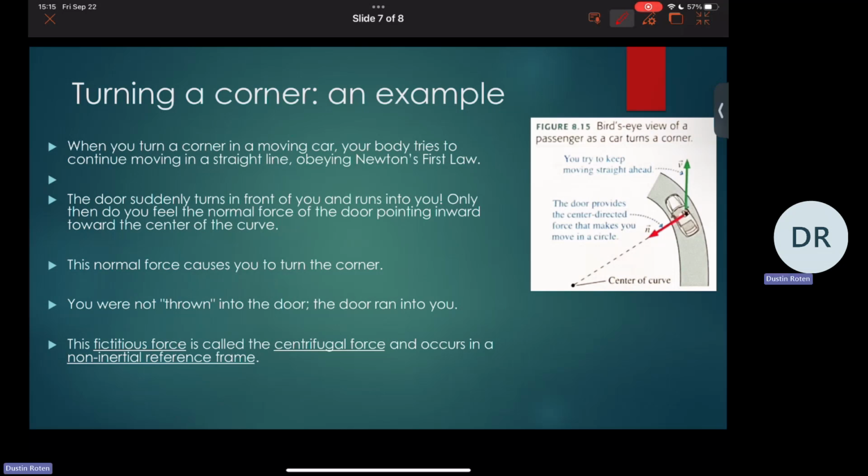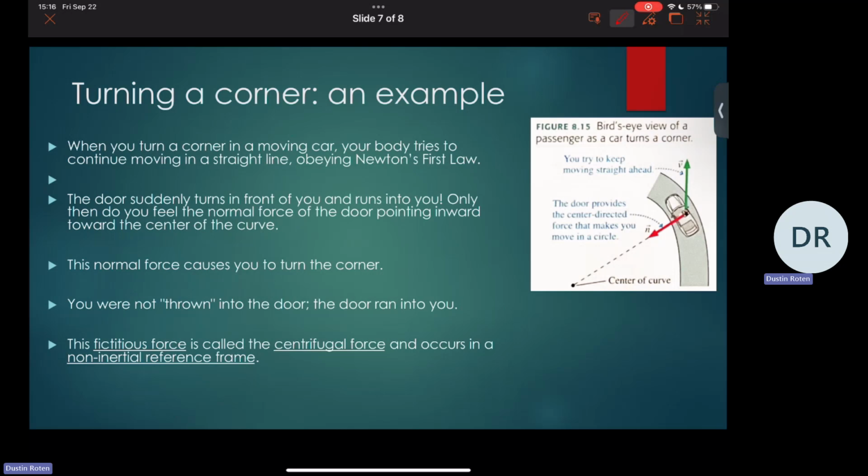So let's think about some more of these instances where we have fictitious forces. When you turn the corner in a moving car, I'm sure you've all experienced this. It feels like you run into the door, or like the centrifugal force, as some people say, is the thing trying to throw you out of the circle, but actually that's not quite what's happening.